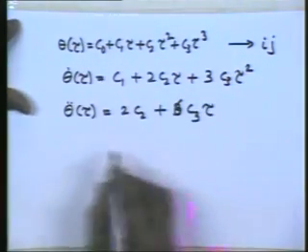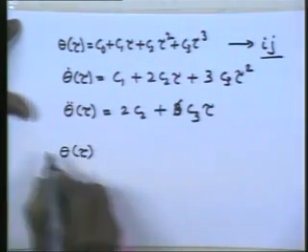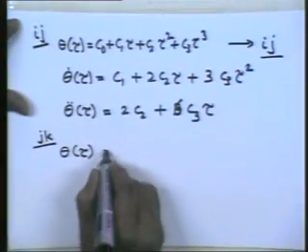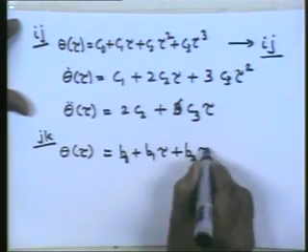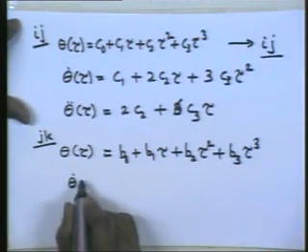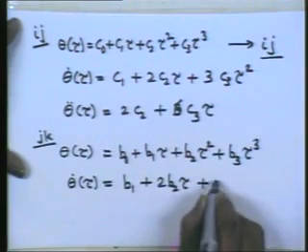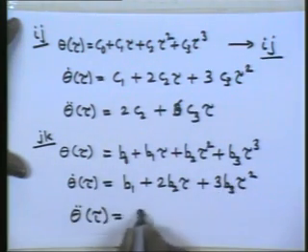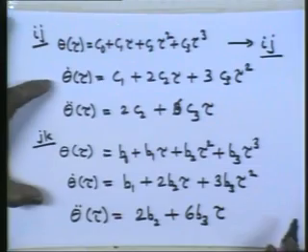This is for the Ij segment. Now similarly for the Jk segment, theta of tau is B0 plus B1 tau plus B2 tau squared plus B3 tau cube, and so theta dot of tau is B1 plus 2 B2 tau plus 3 B3 tau squared, and theta double dot of tau is 2 B2 plus 6 B3 tau.